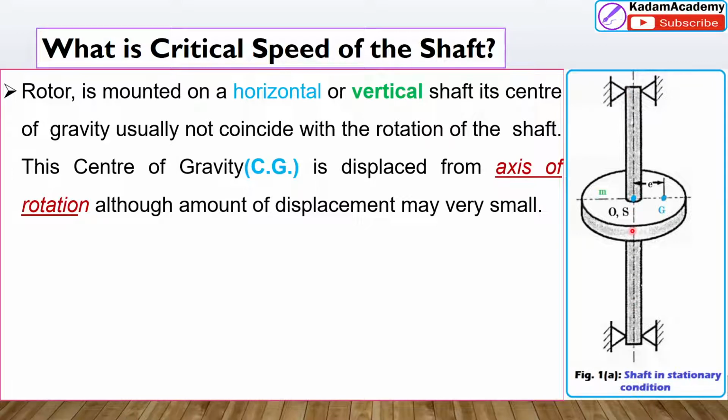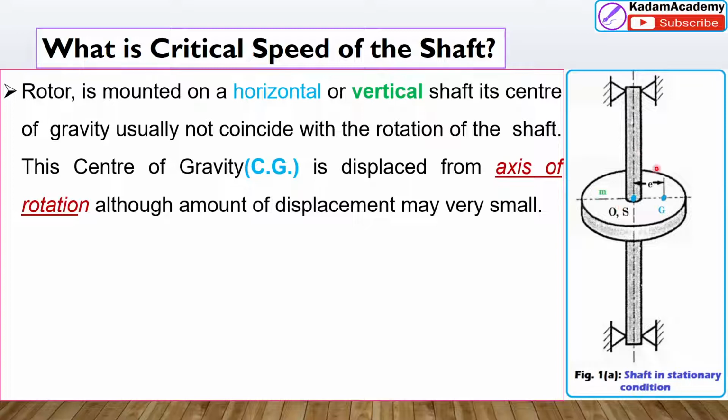Another cause is non-homogeneous construction of material: when manufacturing the rotor, a manufacturing defect or a non-homogeneous material combination may be there. Or there may be an unbalanced magnetic pole in the case of electrical machinery.